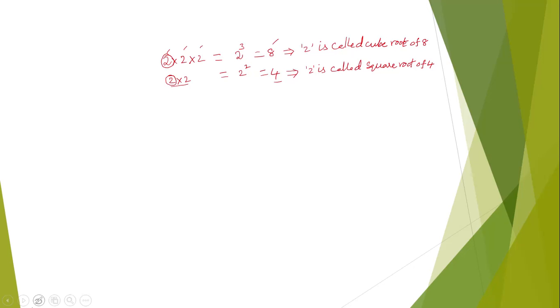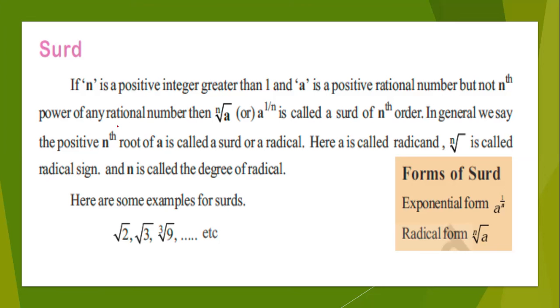What are surds? You may observe in the previous screen the definition of surds. Here n is a positive integer. n is a positive integer which is greater than 1. Already we know it, a number greater than 0 is called a positive integer.